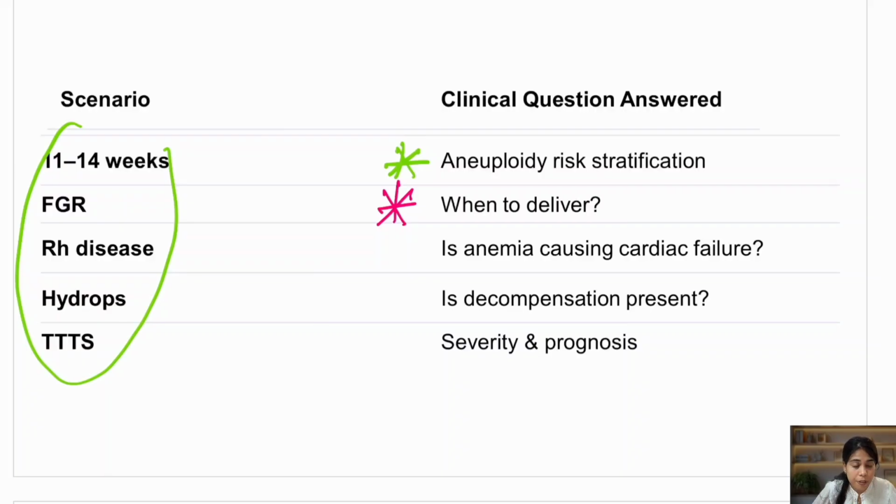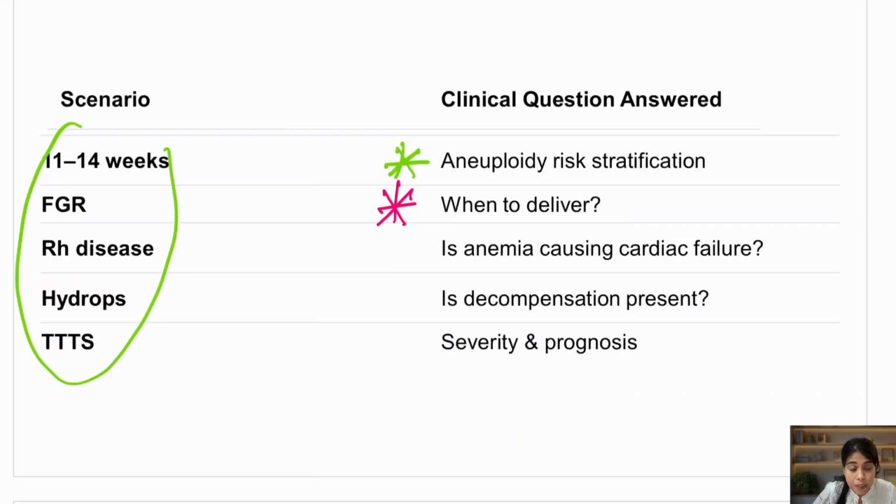So for Rh negative pregnancies with anemia, the risk of cardiac failure is given by the ductus venosus Doppler. Same in hydrops, and same in twin transfusion syndrome.